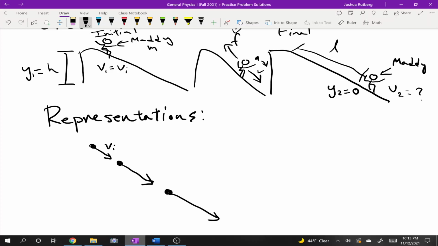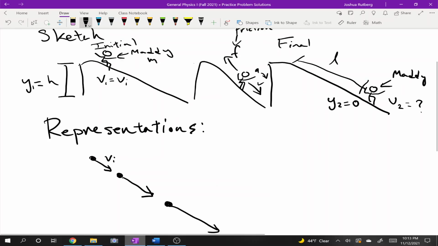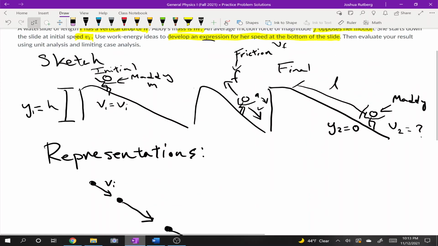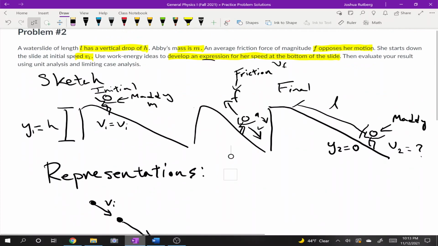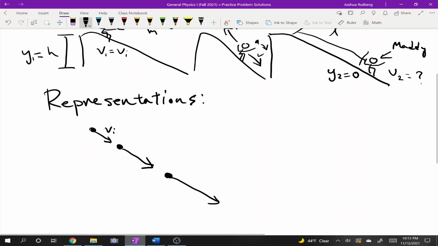It's possible that she'll be slowing down because there is friction, but I think if that were the case, then she would stop halfway down, and that does not seem likely for a water slide. So here's her final velocity. Delta V is going to go in that direction. So this is my motion diagram.